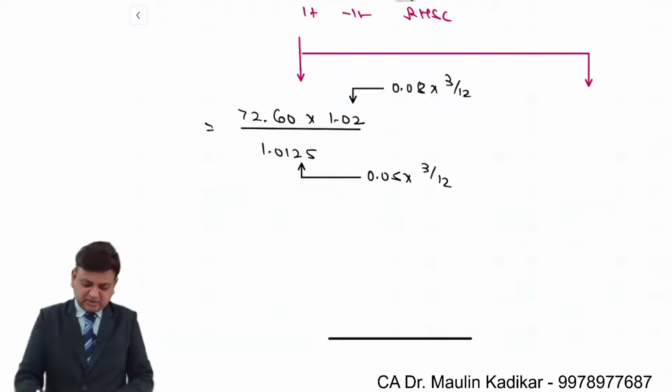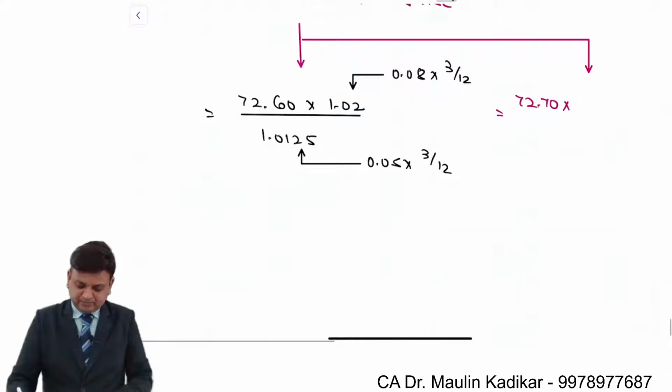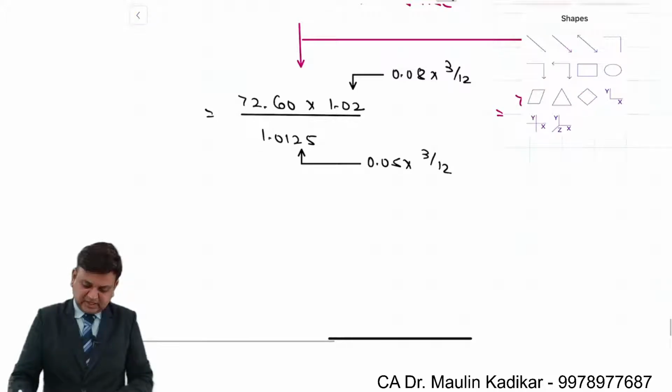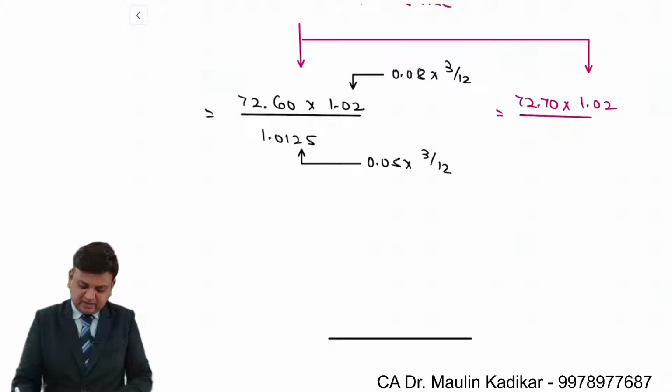At the same time, on the other hand, 72.70 into 1.02 once again divided by 1.0125.